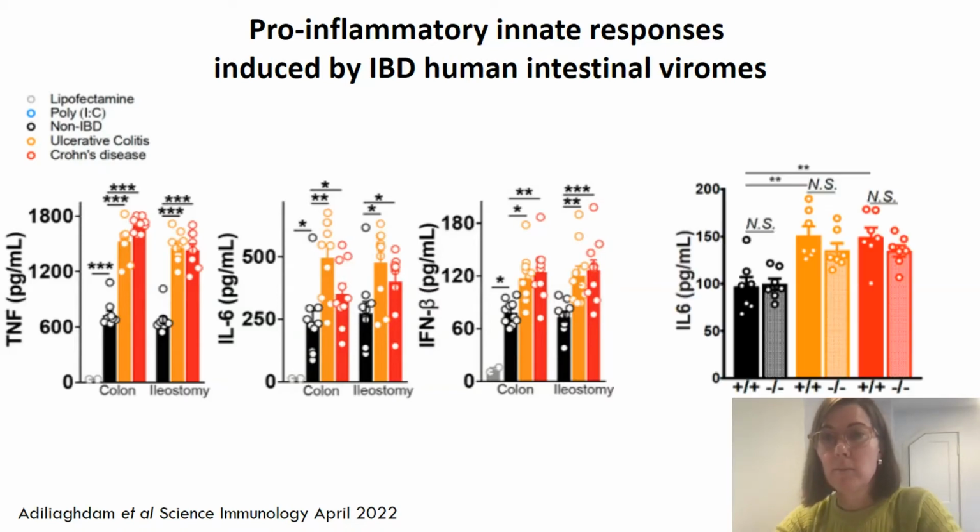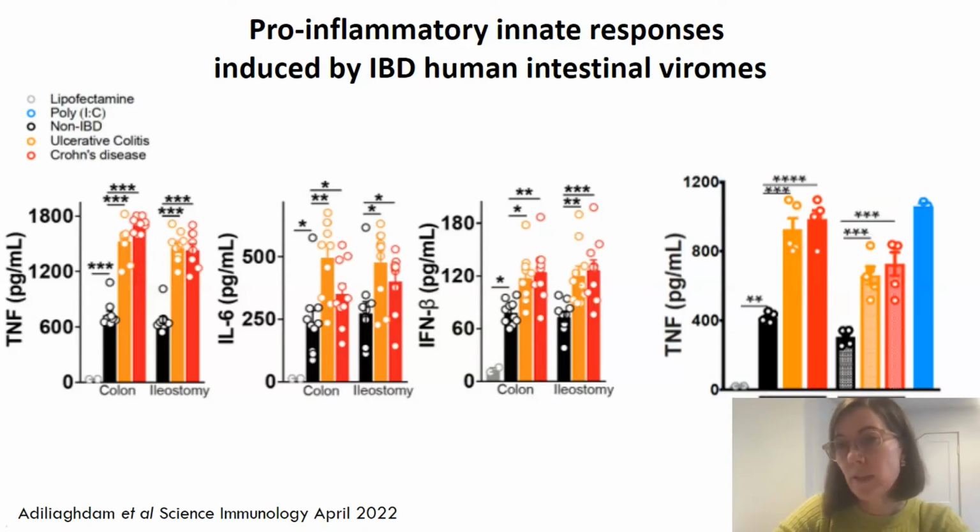And importantly to us, from an innate immunology perspective, we wanted to ensure that none of this had to do with any contaminating endotoxin. So we repeated the same experiments in toll-like receptor 4 knockouts. We took bone marrow-derived macrophages from toll-like receptor 4 knockouts, and we could see that the amount of interleukin-6 triggered by Crohn's disease or ulcerative colitis viromes was equal in the absence of toll-like receptor 4, suggesting that this was completely independent of this pathway.